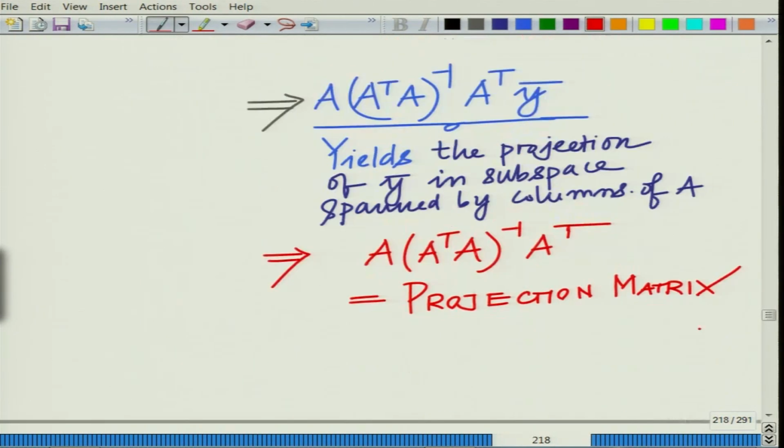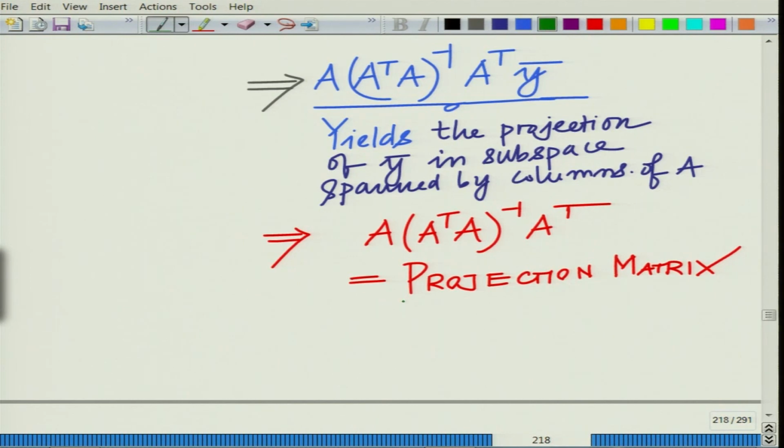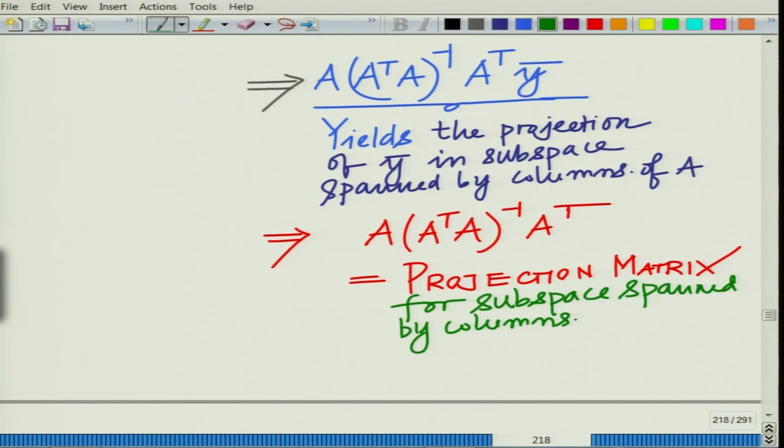This is the projection matrix for the subspace spanned by the columns of A. In fact, this is a very interesting matrix.